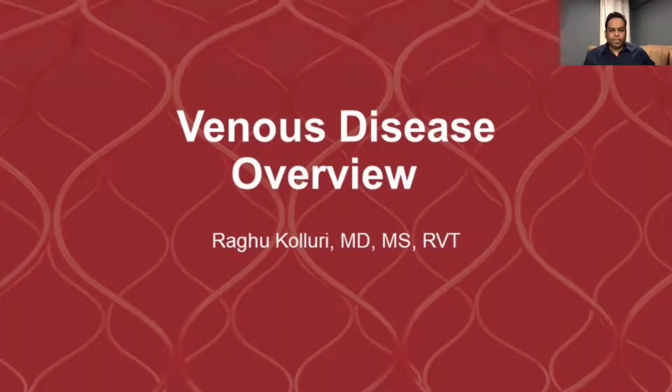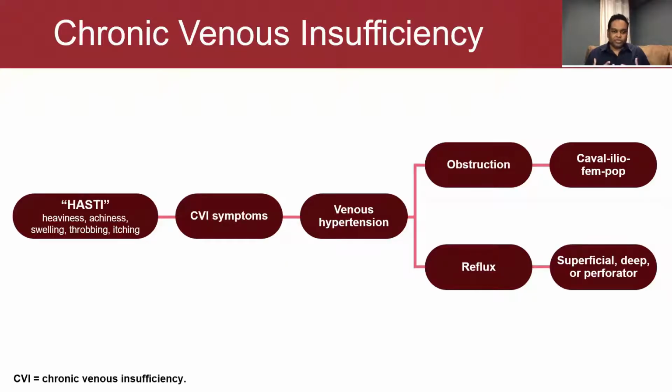So my goal today is to talk about the entire spectrum of venous disease as a disease state, and also talk about some of the data and new guidelines that are available for practitioners who practice venous disease.